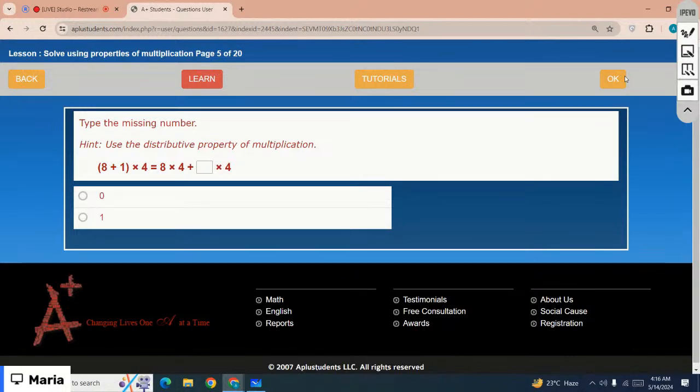The missing number is 1. Yes, 1 is missing. Very good.